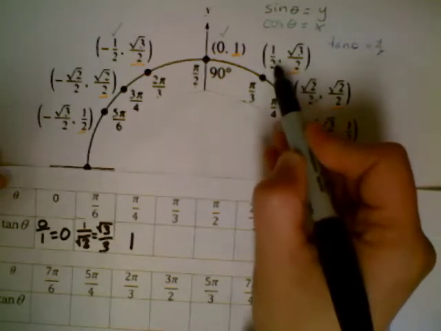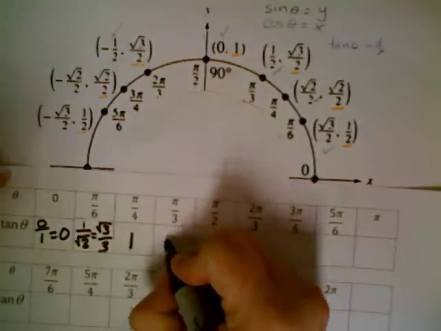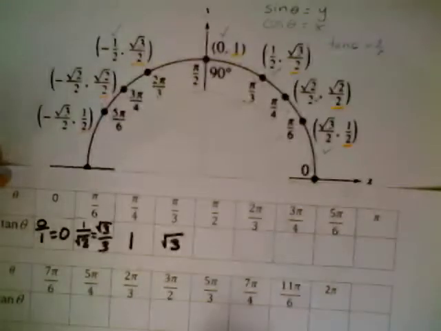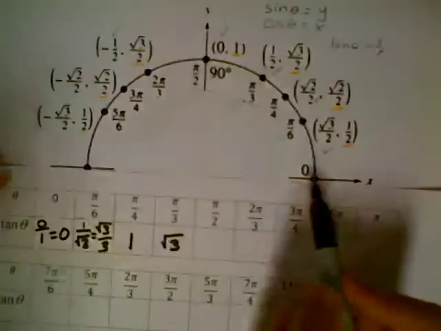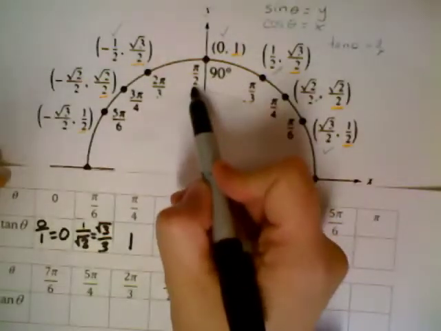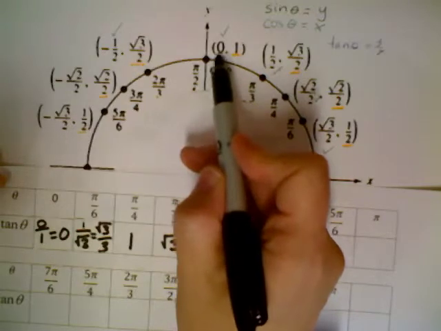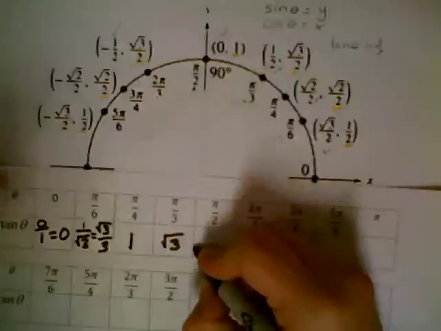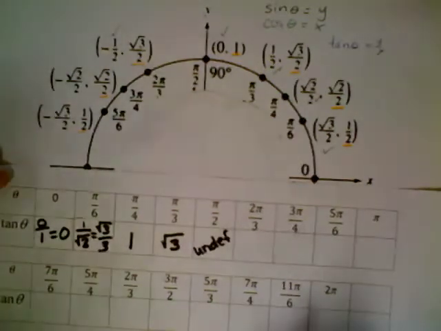The denominators will cancel, and y over x becomes square root 3 over 1, or just square root 3. Now at the North Pole, when we rotate up to pi over 2, y over x would be written down as 1 over 0, but we know that's an undefined ratio.